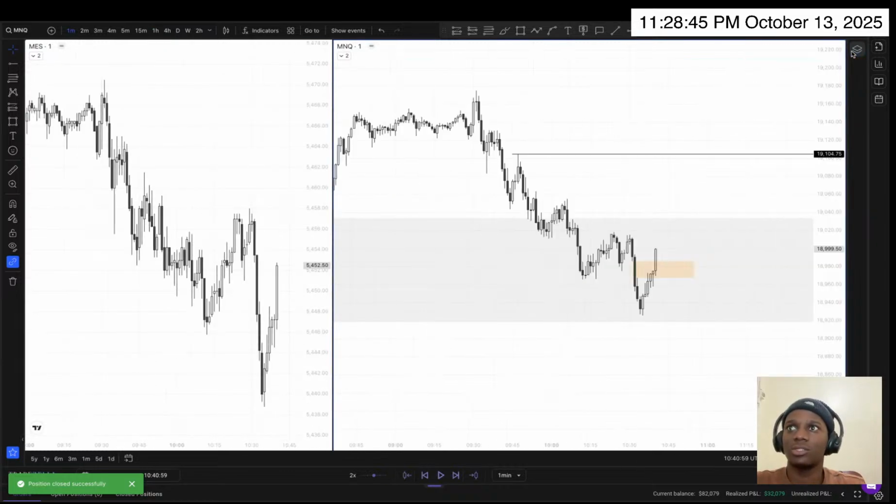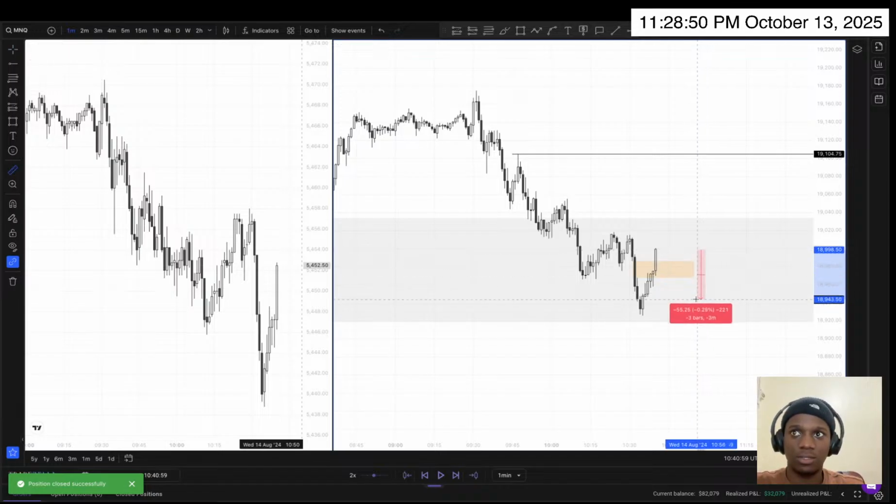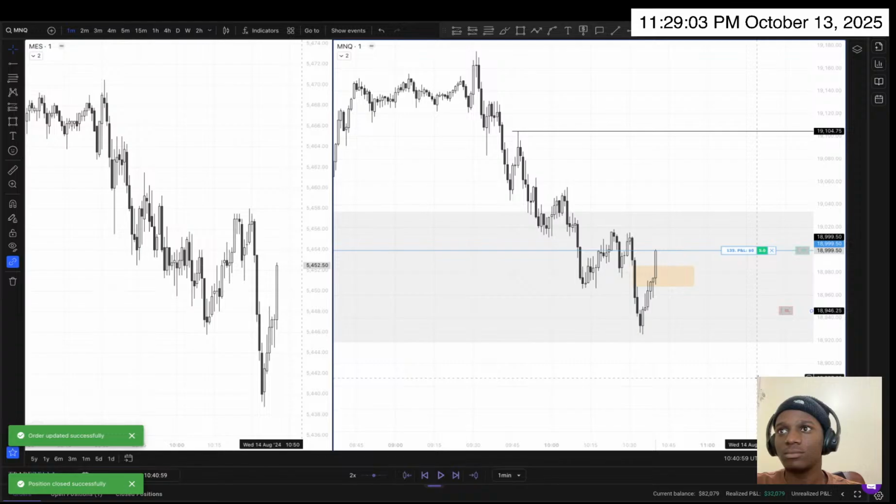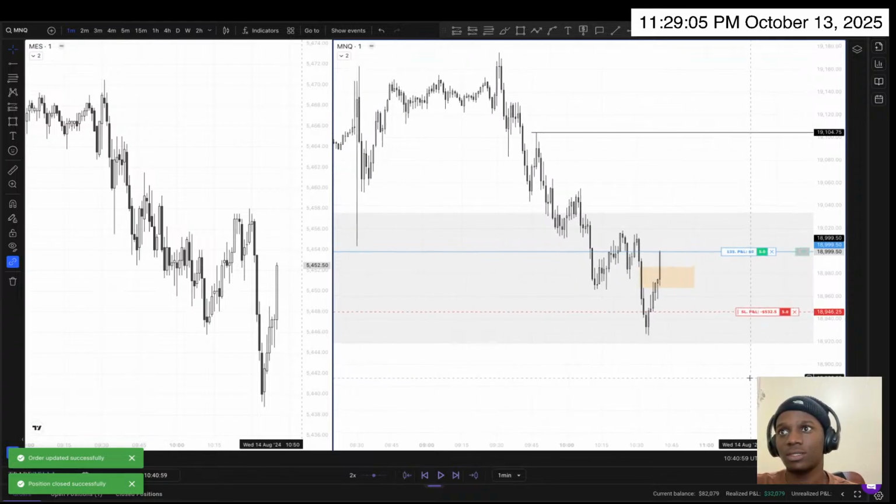So let's see from here to here. 50 handles. I'd like to take 50 handles stop loss. So that's 5. I hate it when price is moving to big handles. $500 target profit.